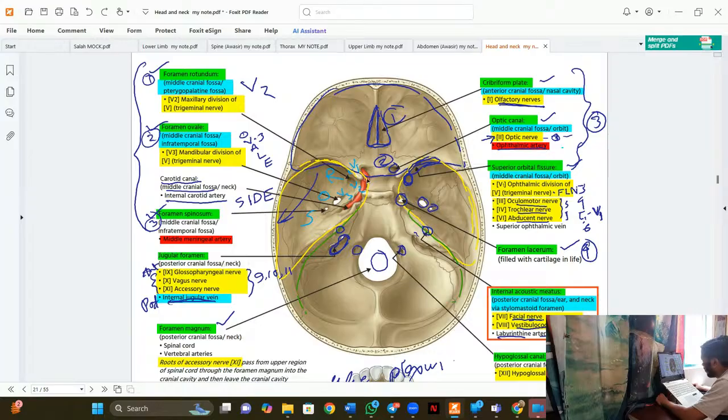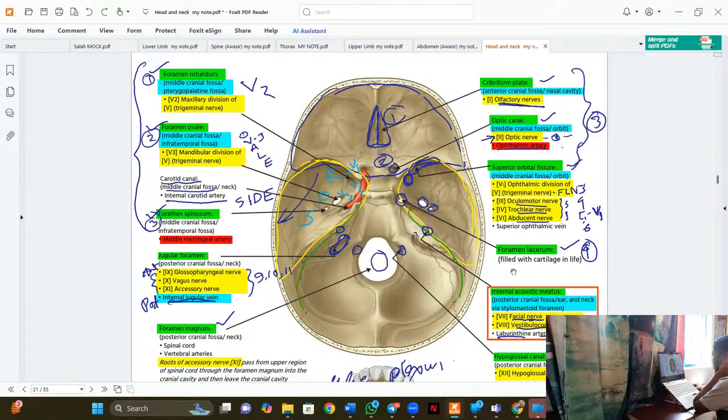That's why at this level we see two branches, but it is because of the looping. So this is the internal carotid artery in the carotid canal, and it goes over the foramen lacerum, but doesn't give any branch. Okay. Then foramen spinosum, then middle cranial fossa finish.